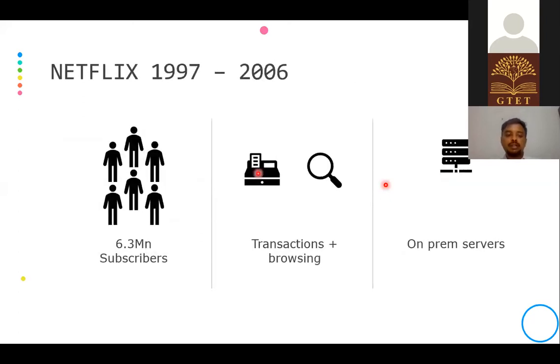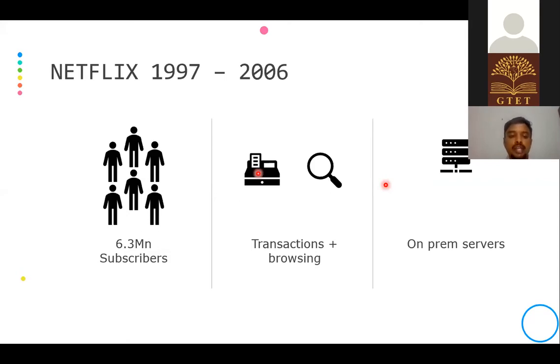Let's look at what workload was being spent on the Netflix rental business. This is before the streaming era of Netflix. Basically, 6.3 million subscribers was the growth that Netflix saw between 1997 and 2006.